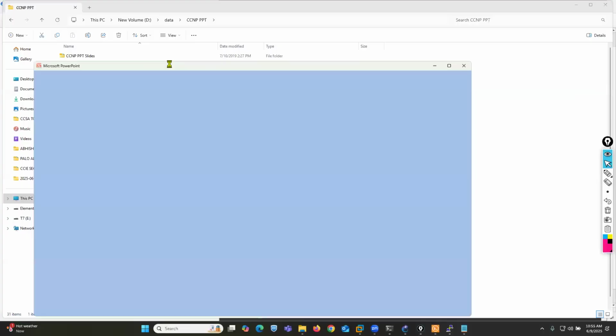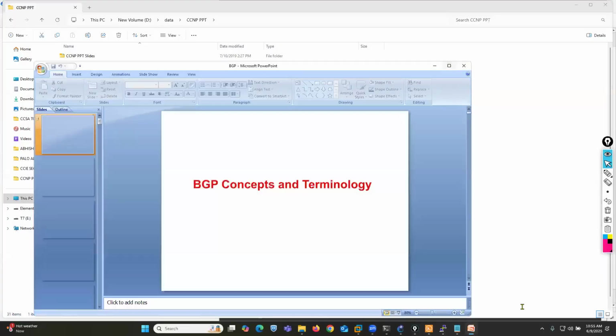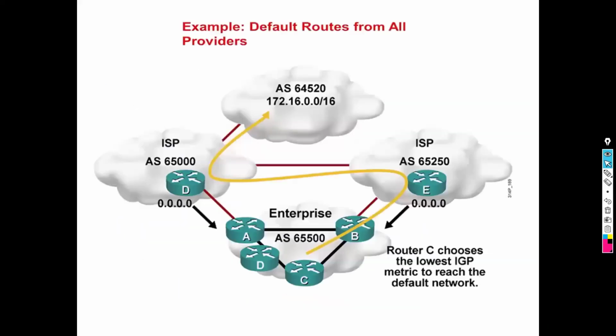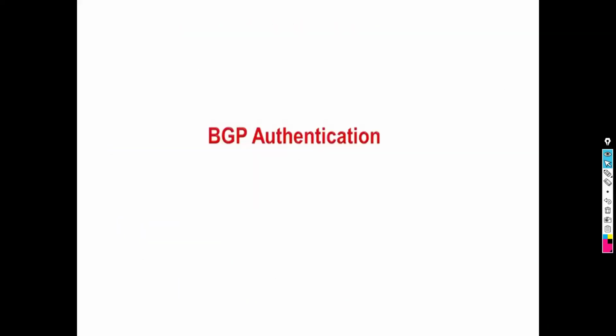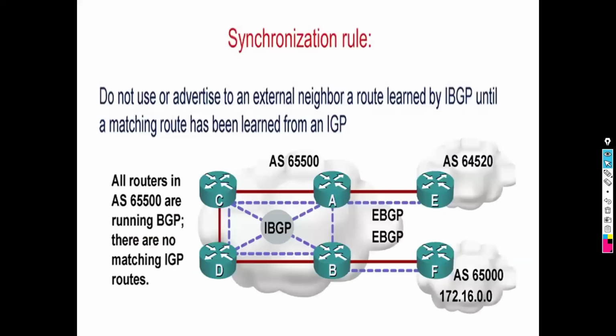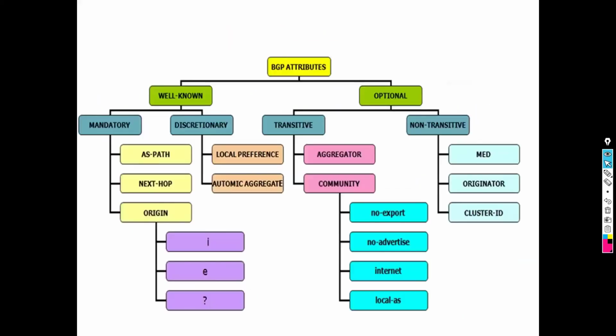What is the best route? To find the best route, we have multiple attributes. These are called BGP attributes. The complete set of BGP attributes is divided into two categories: well-known attributes and optional attributes.